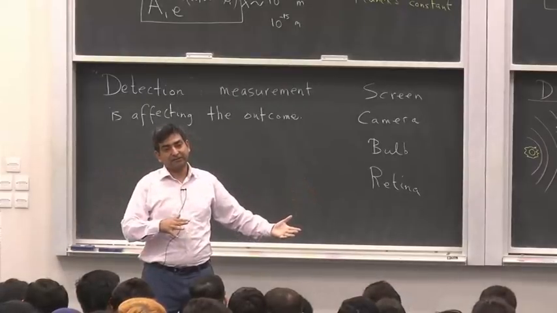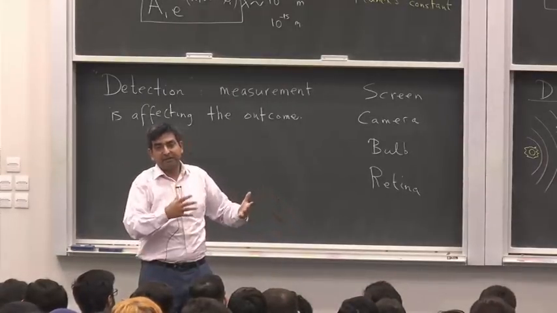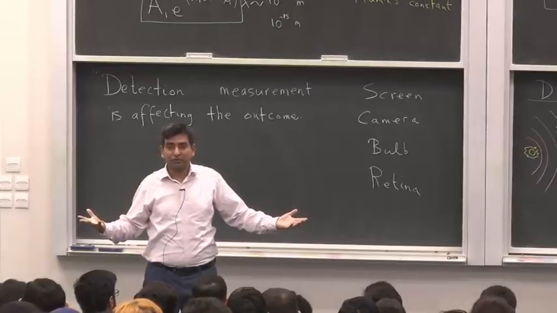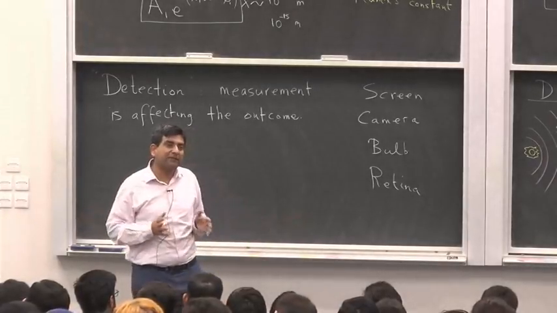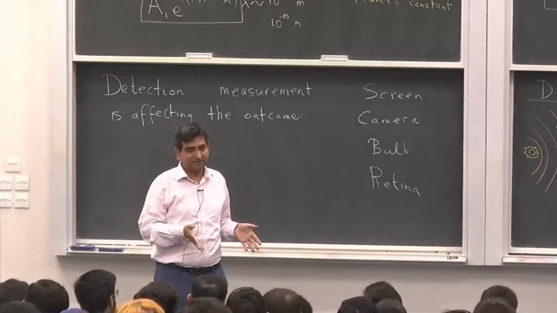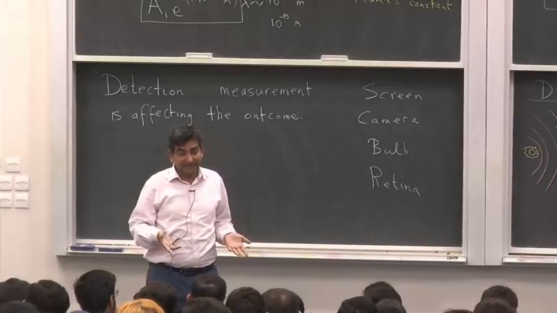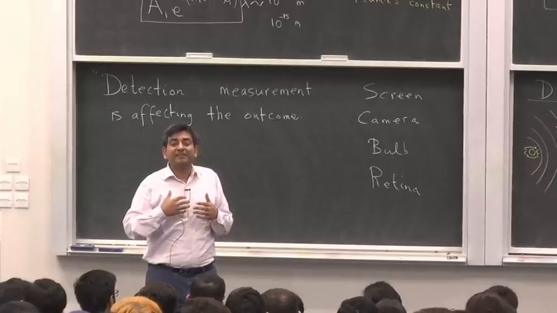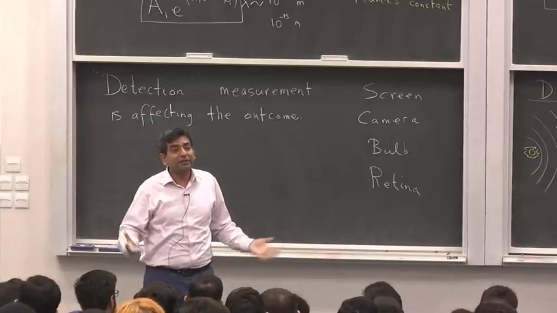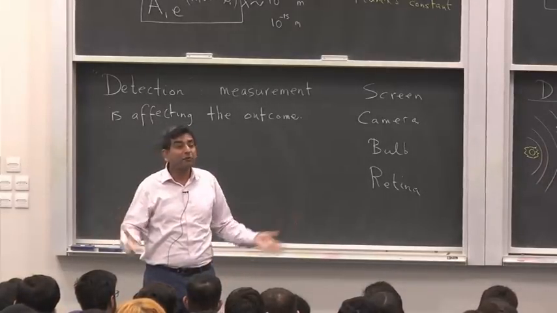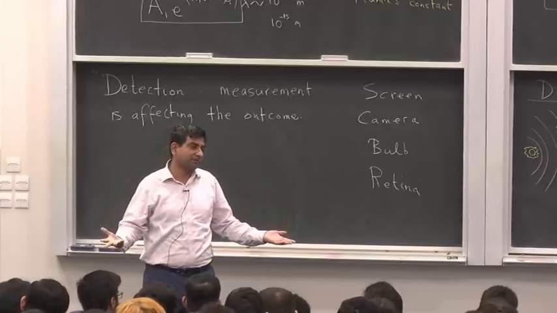Having a measurement device in the experiment is going to change the experiment altogether. This means that when we try to interfere in the experiment as observers, as detectors, then we are changing the experiment altogether. A new experiment, a new reality is born.